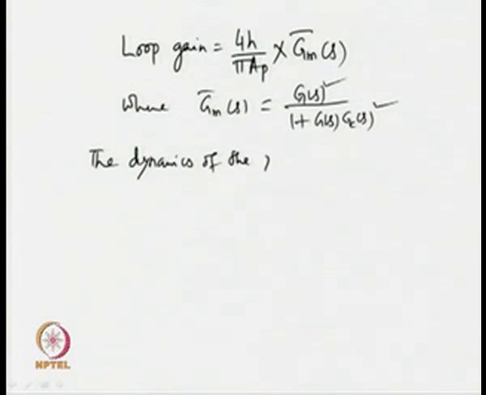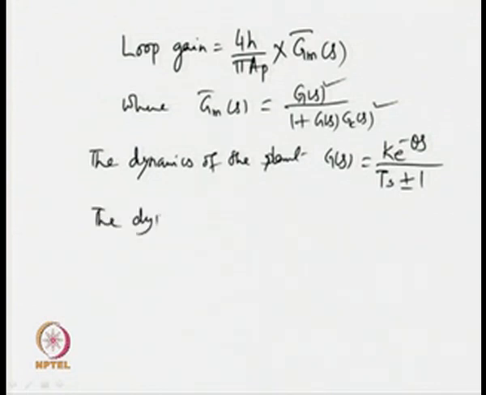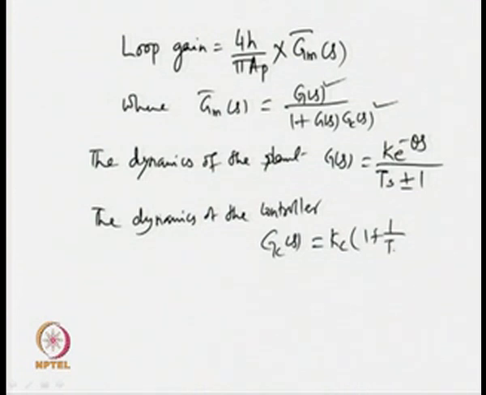the plant given by G(S) is equal to k e to the power minus theta s over T s plus 1, and the dynamics of the controller is assumed to be of the form GC(S) is equal to Kc times 1 plus 1 upon TIS plus TDS.